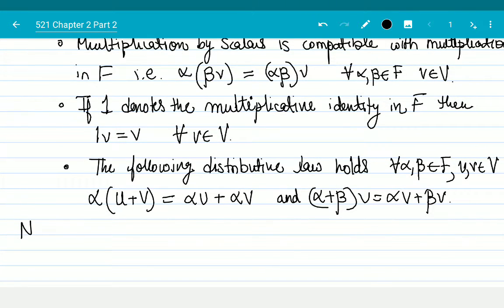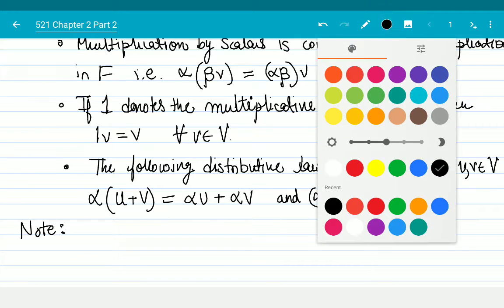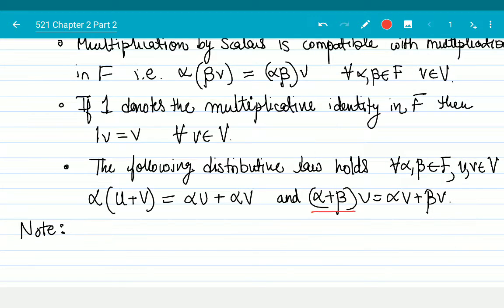Okay, now note this is the reason I mentioned the distributive law completely, rather than just saying the distributive law should hold.